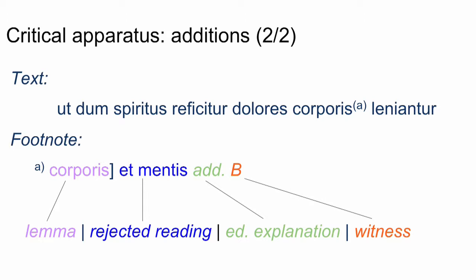A footnote just after "corporis". And you would have the mention "et mentis", the rejected reading, "add." or "addition", or whatever you use in your edition. That is an editorial explanation of what happens, and the siglum of the manuscript. Again, note that "add." is in italics here by convention.